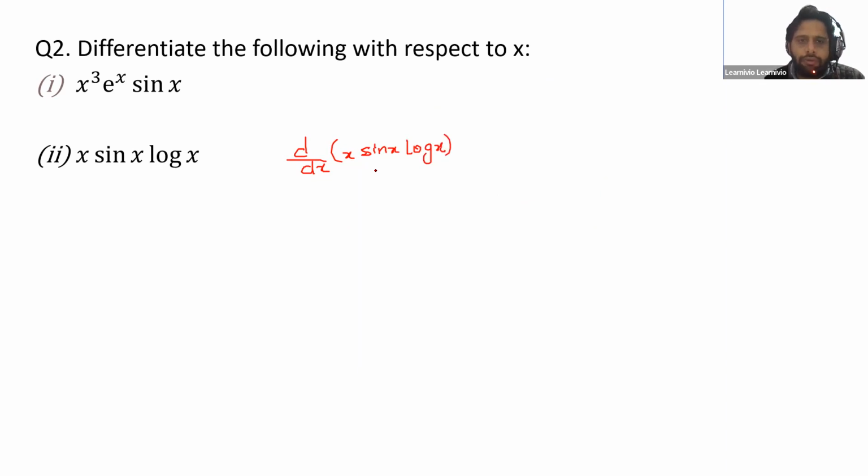Now what happened? We will take this as a first function and this complete as a second function. So first function remains as it is. We will differentiate the second one, sine x and log x, plus sine x into log x, and then differentiate the dx.